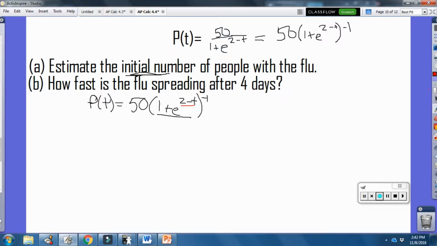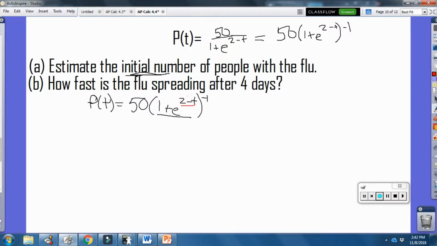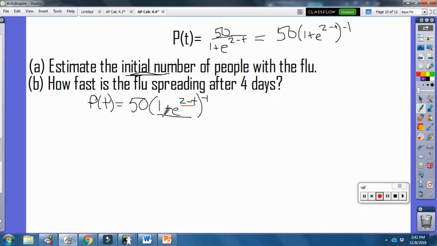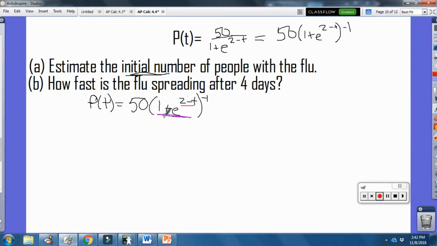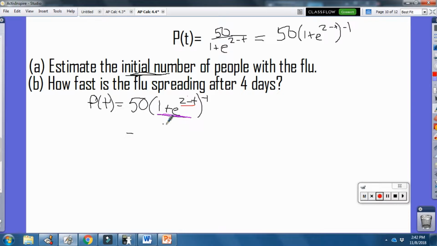So let's underline that here, that color, and we'll underline this in purple. So my first outside function is going to be this negative 1. I'm going to bring down the negative 1, multiply it by 50.